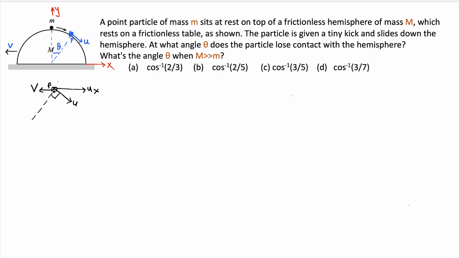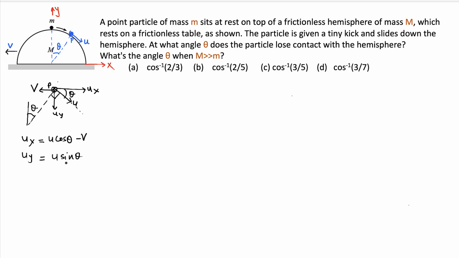And then there is a vertical component uy. Okay, if this angle is theta, then this is theta, this is 90 minus theta, and this is also theta. So then we can write ux equal to u cos theta minus v, and uy is u sin theta.